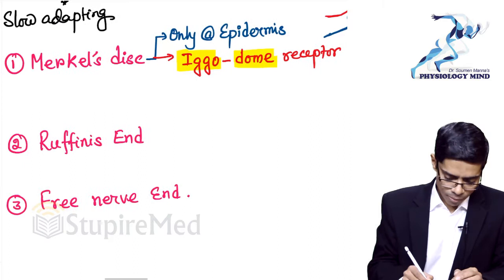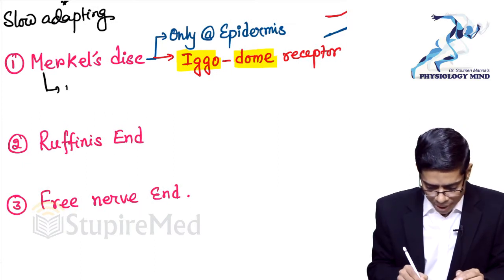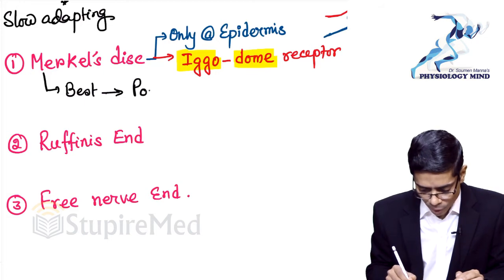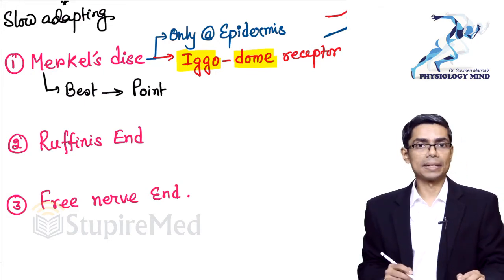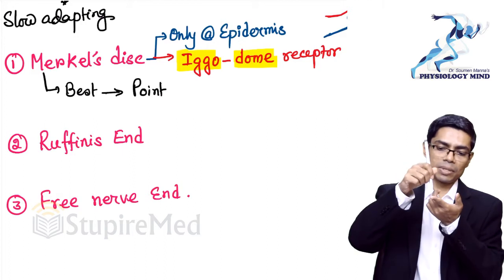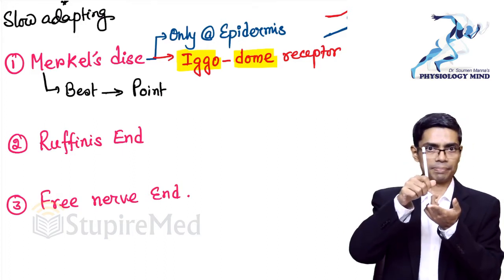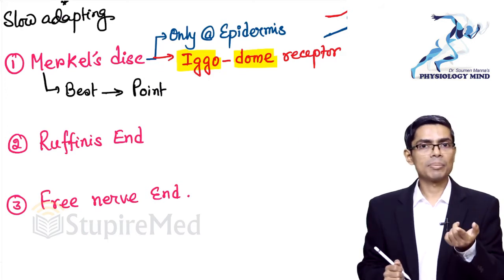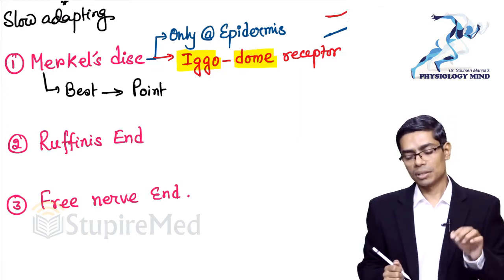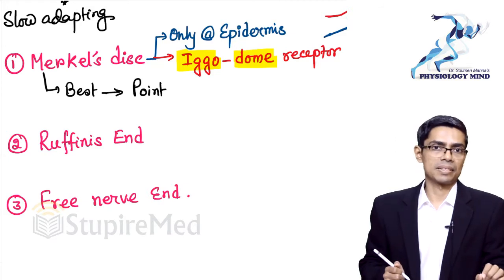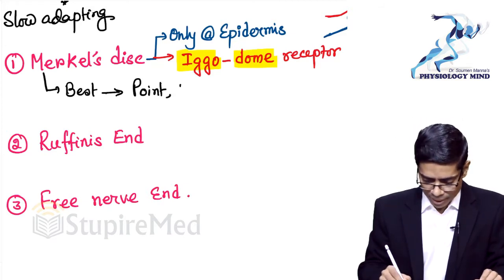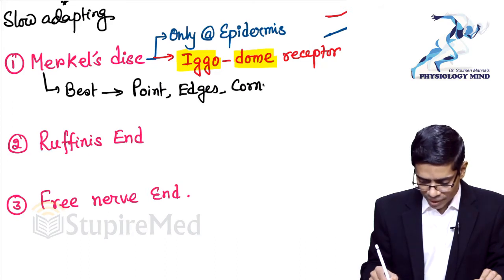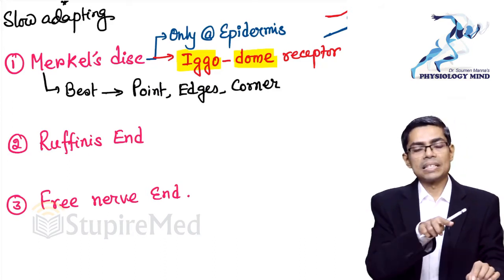Now Merkel's disc, what is the best stimulus? Best stimulus for Merkel's disc is a sharp point. If I touch the tip of this finger here, I can perceive that it's a single point. This determination of point touch is detected by Merkel's disc. Point, edges, corners, like edges of some table, edges of some bed.